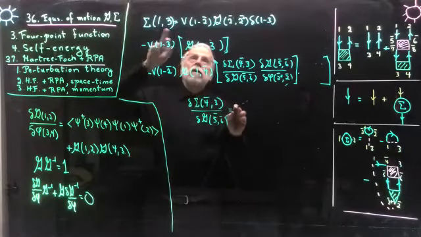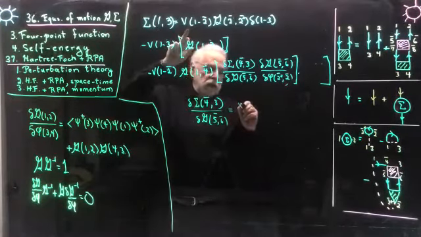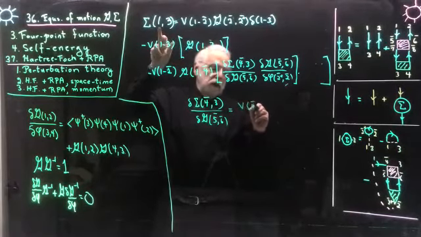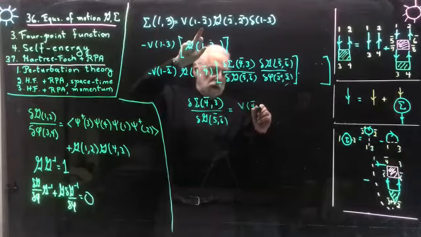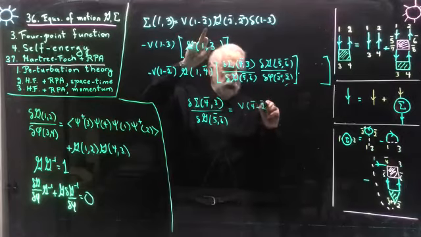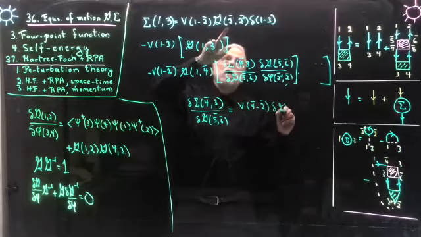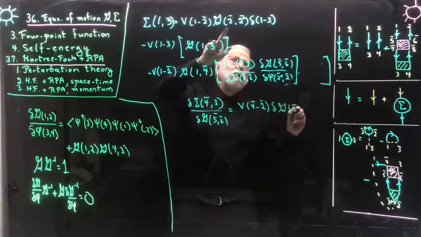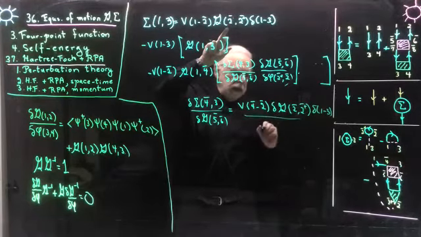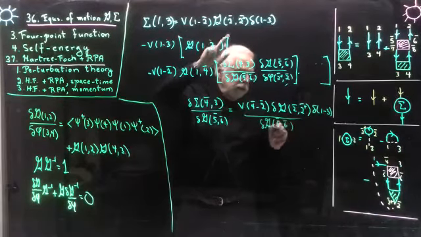Then this is V of 4 bar minus 2 bar times delta G of 2 bar plus delta 1 minus 3 times delta G of 5 bar 6 bar.